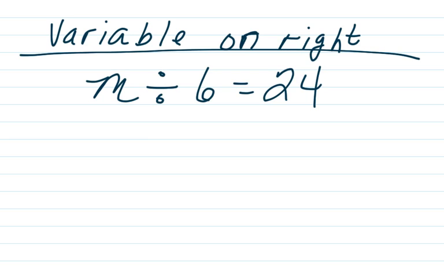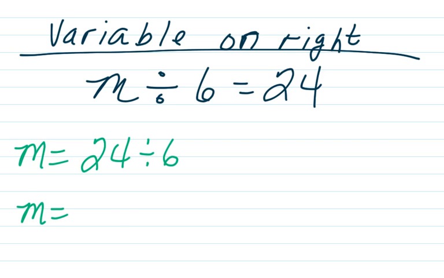Now let's look at the variable on the right. M divided by 6 is 24. So, first thing we're going to do is try to do the same thing we did in the last one. M equals 24 divided by 6. Knowing our fact family, M would equal 4.